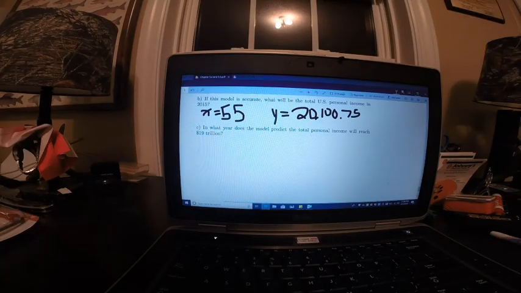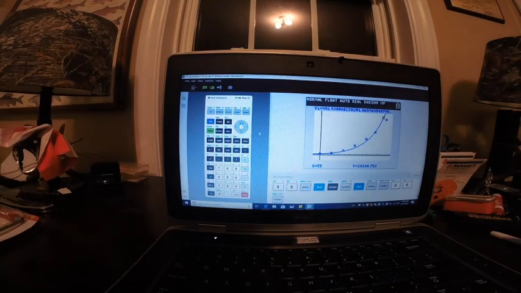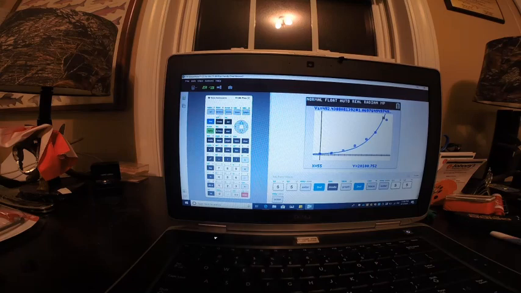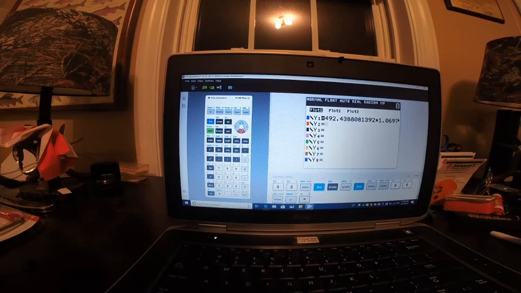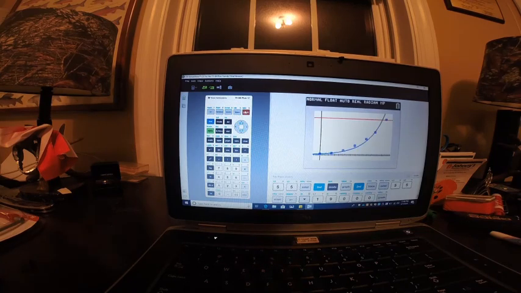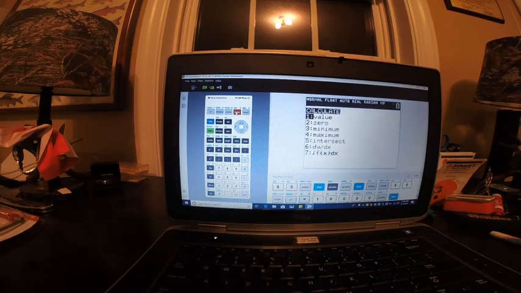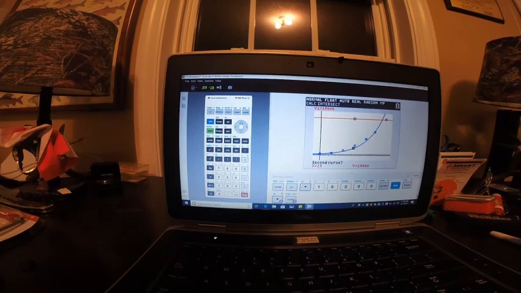So come over here to our calculator. 19,000 billion. Okay, so if I go y equals, I'll type in y2, 19,000. Make a graph. If I find where those two functions intersect, then I can find my answer. So we'll scroll down here to number 5, which is intersect. First line, second line, and then try to come over here and get as close as I can to where they actually intersect.